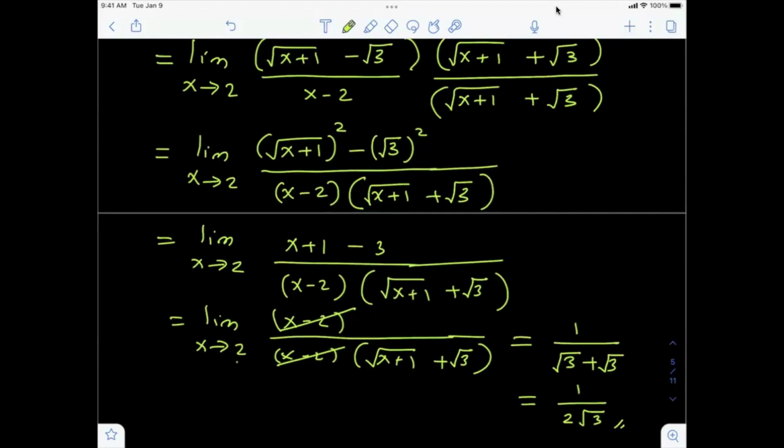Now, in algebra, when we see a square root in the denominator, we have a special simplification. We call it rationalization of the denominator. You try to get rid of the square root from the denominator. Now, shall we do that?